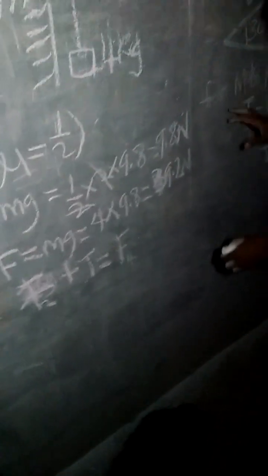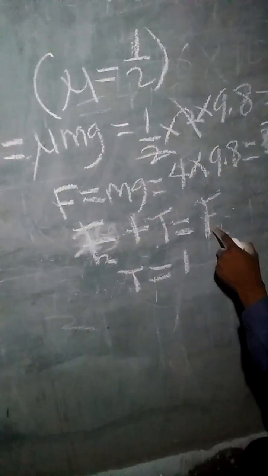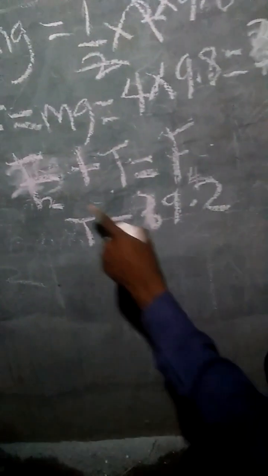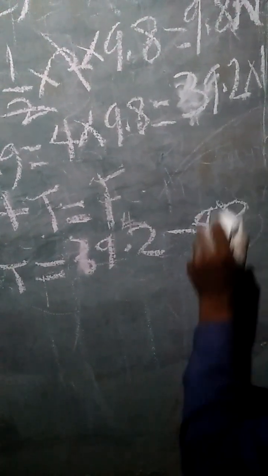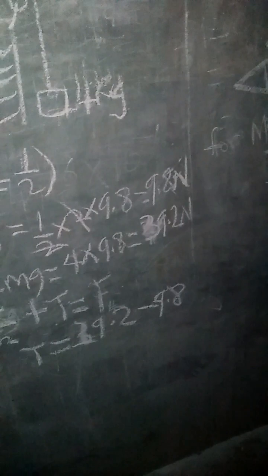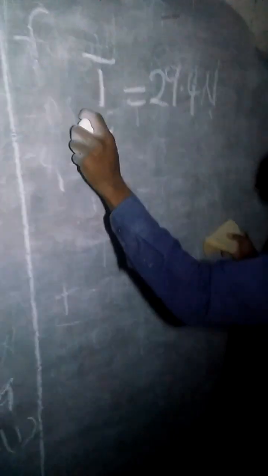So T is equal to the force on this 4 kg mass, 39.2, minus the force on the small mass, 9.8, taking it over to the other side. 39.2 minus 9.8 is 29.4 Newton. Don't forget that force is equal to MA.